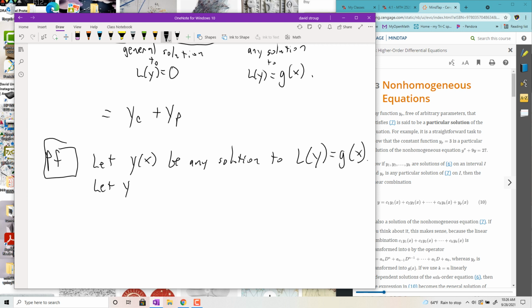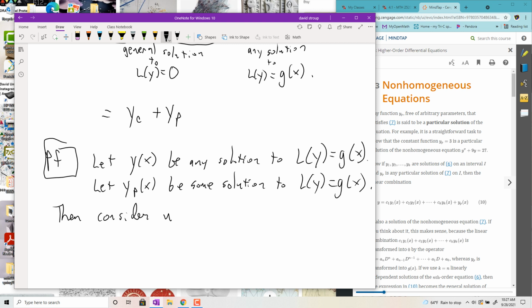Let then y sub p of x be some other solution to L of y equals g of x. Then consider this function u of x formed from the difference of y of x and y sub p of x.